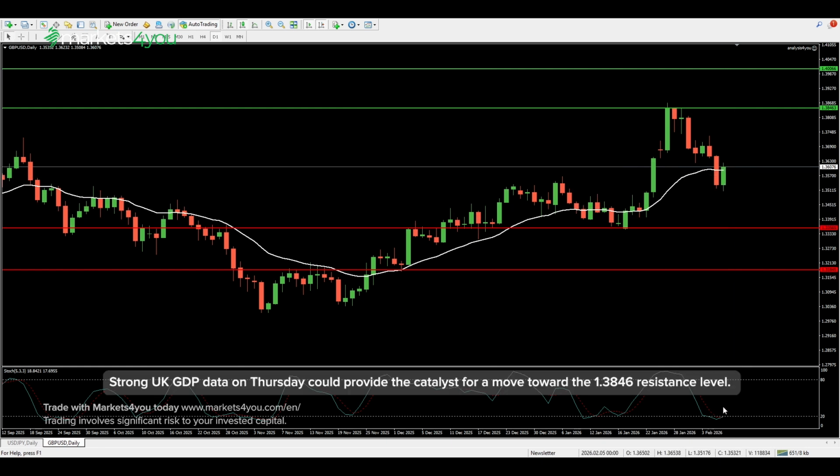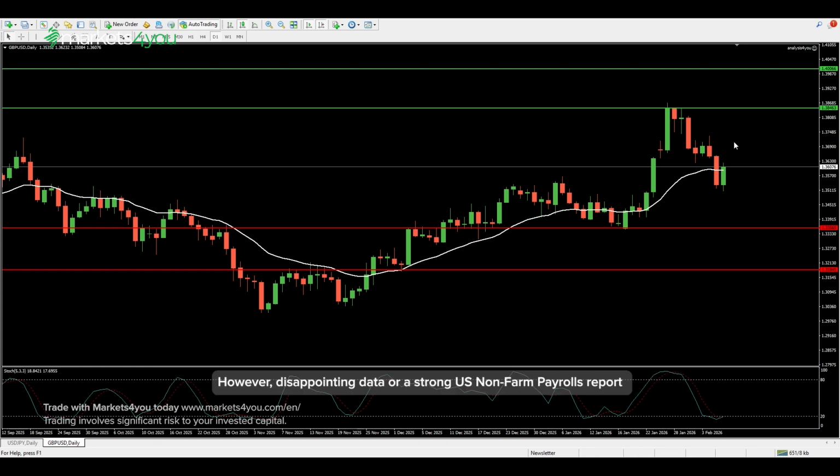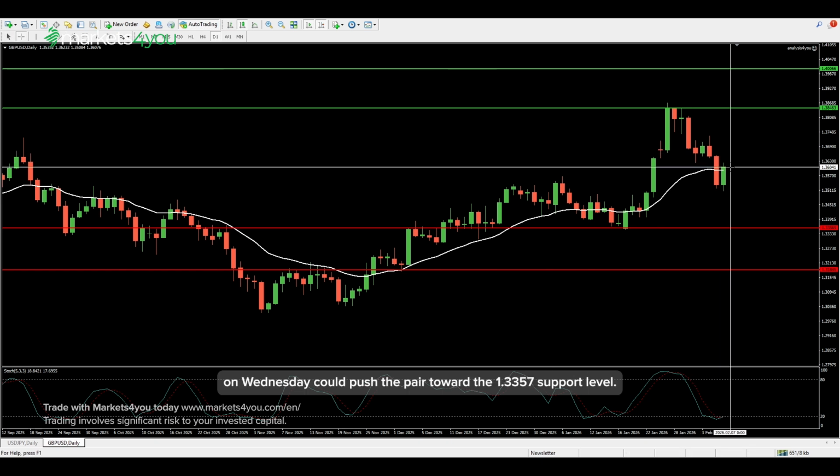Strong UK GDP data on Thursday could provide the catalyst for a move toward the 1.3846 resistance level. However, disappointing data or a strong US non-farm payrolls report on Wednesday could push the pair toward the 1.3357 support level. Both instruments could see considerable volatility this week.